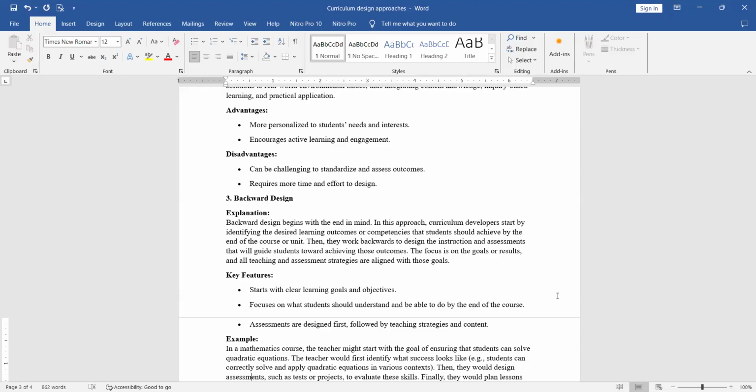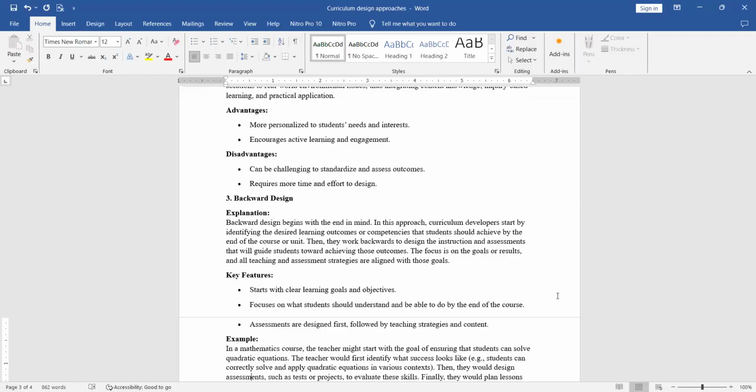And then after that you will decide on the content and the methodology to be used in order to achieve these intended learning outcomes.